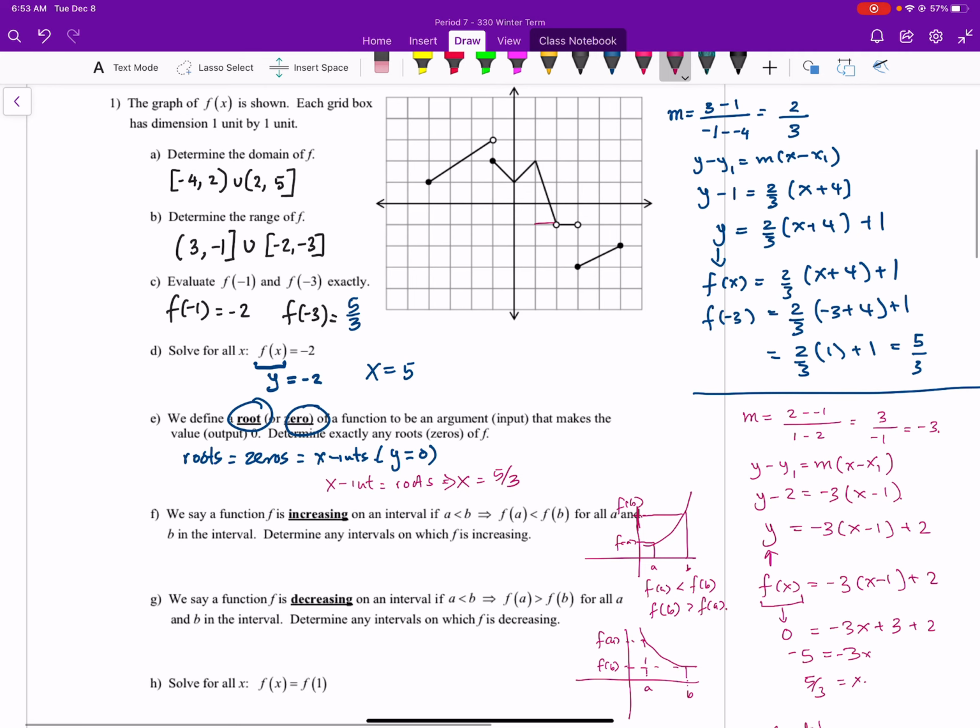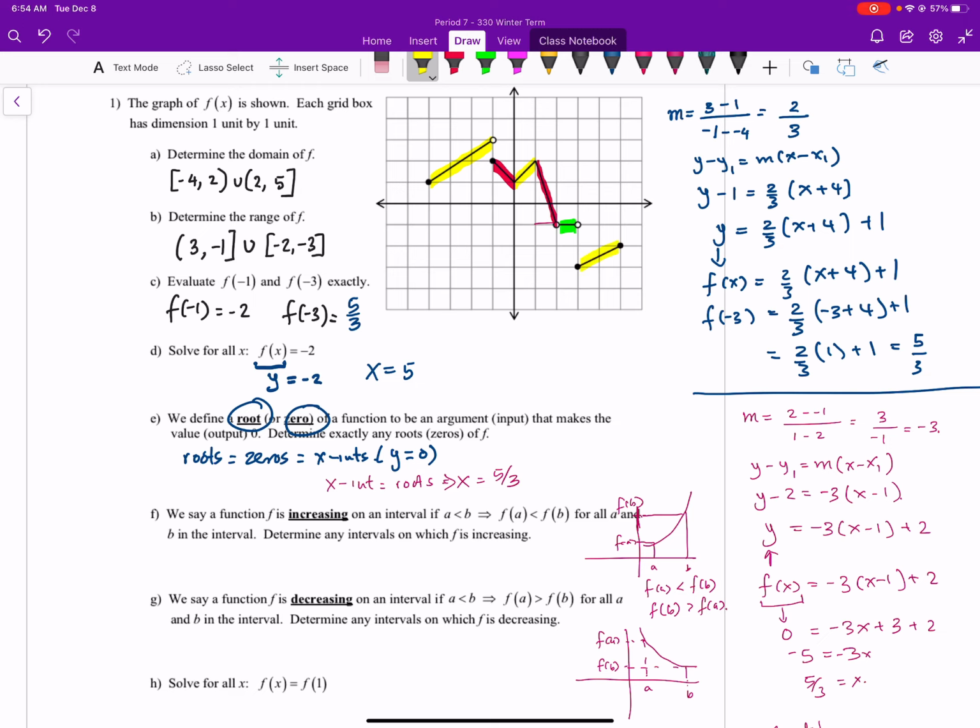All right, so we can clearly see that the graph is increasing right about here. All the y values are bigger than the previous one. And then it's decreasing where all the y values are smaller than the previous one. And then increasing right here, decreasing right here, remains a constant right here, and then it's increasing right here.